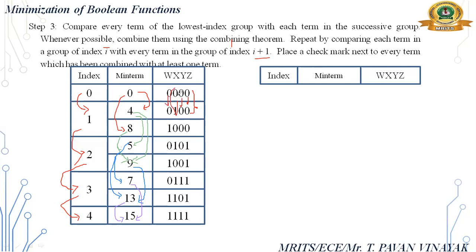Only a single difference is available, right? So you can mention you are combining 0 and 4. Combination is possible. After combining, you write it as 0 dash 0 0. Here the number of ones is 0, so it belongs to index 0. The minterm is 0 comma 4, and the resultant value is 0 dash 0 0.